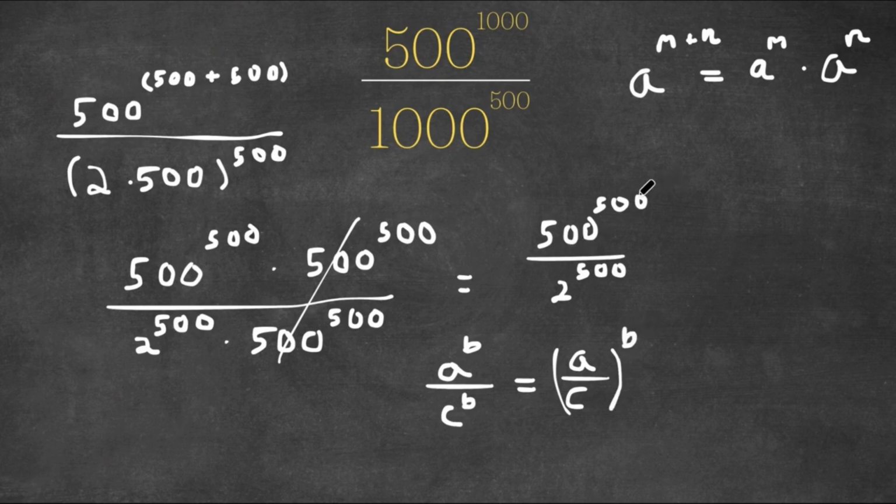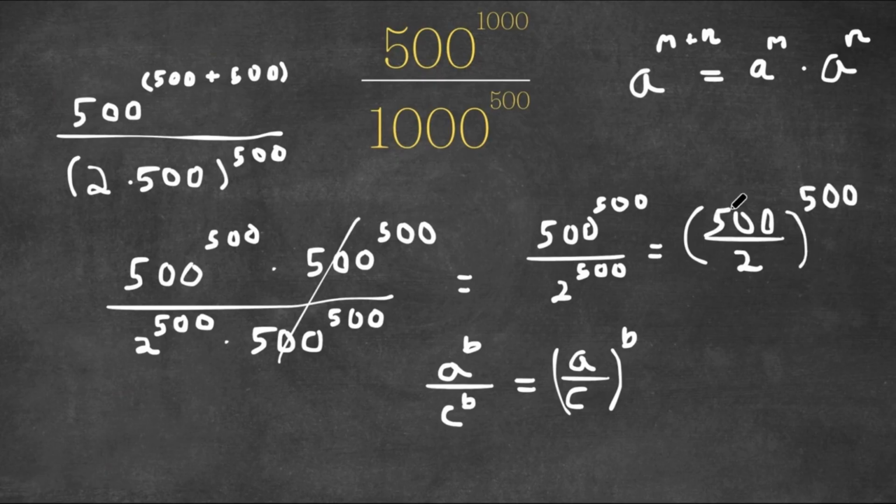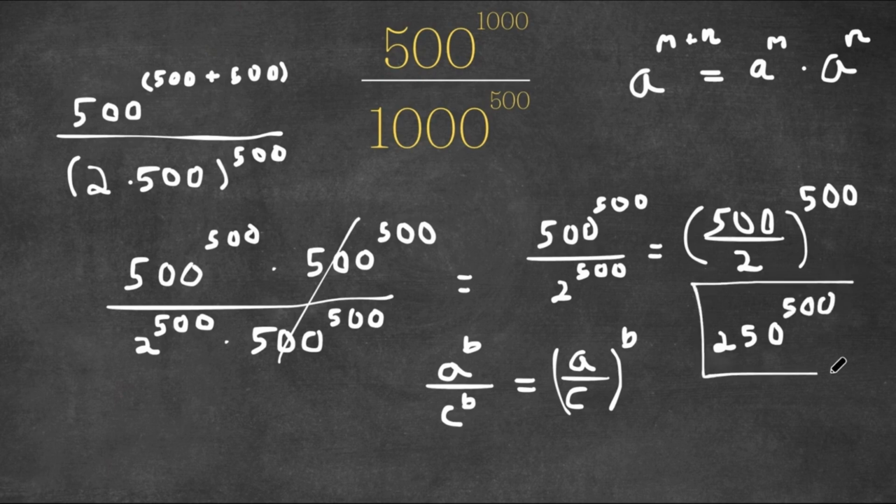Meaning 500 to the power of 500 over 2 to the power of 500 can be written as 500 over 2 to the power of 500. Now, 500 divided by 2 would be 250. So now we have 250 to the power of 500. And this is our answer.